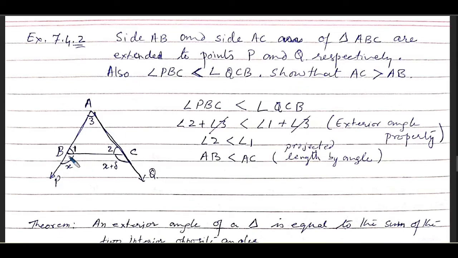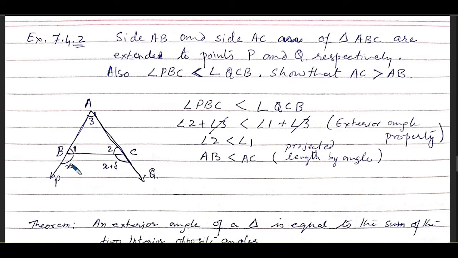Also angle PBC is less than angle QCB, show that AC is greater than AB. This is given. So this I call, say, angle X, and PBC is smaller than BCQ, and I call it X plus some delta more.